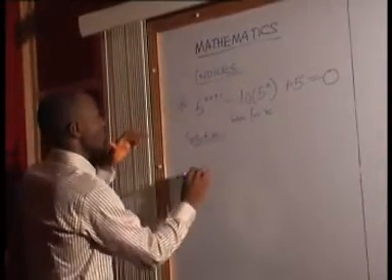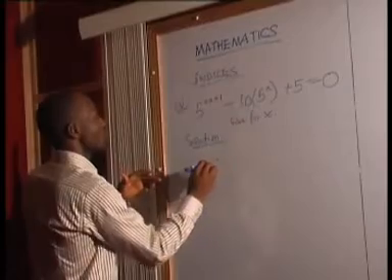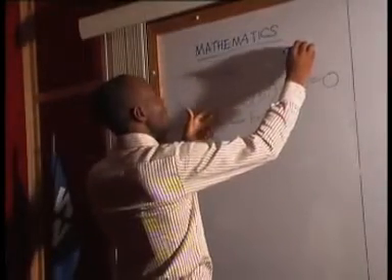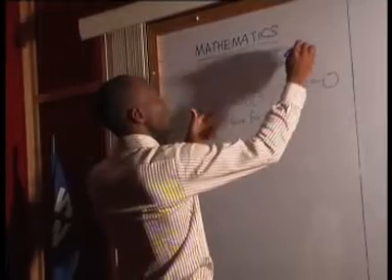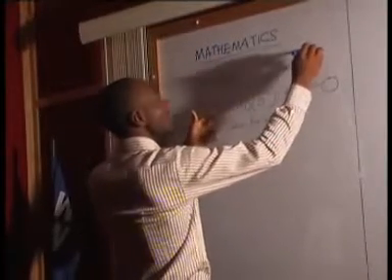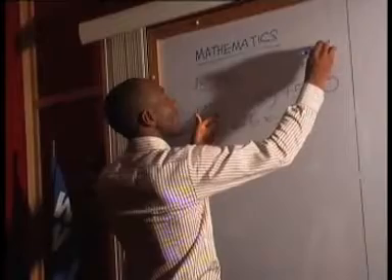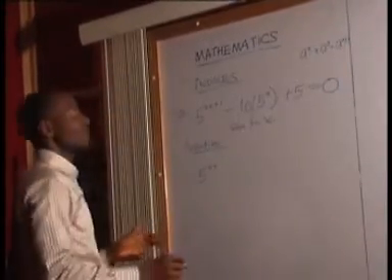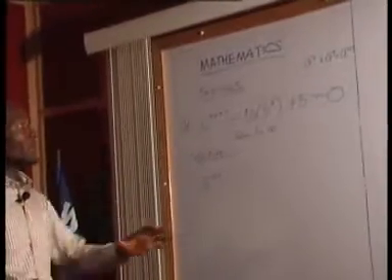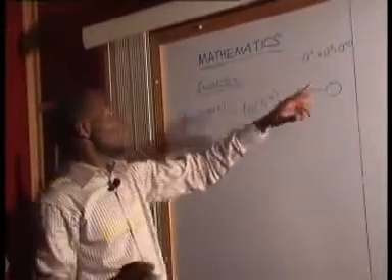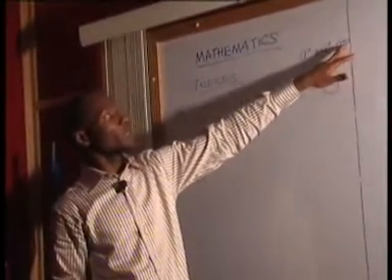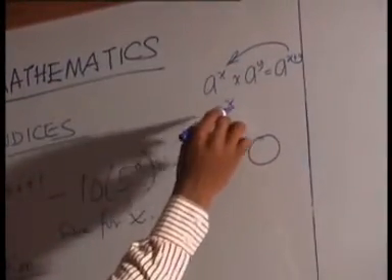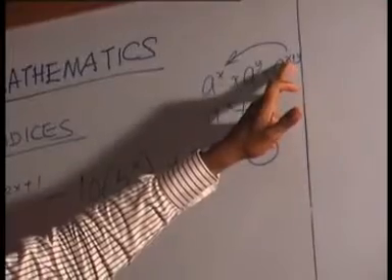This one is 5 raised to power 2x plus 1. But take note, if you have a raised to power x times a raised to power y, you're going to have a raised to power x plus y, as you already learned. That means if you have a raised to power x plus y, you can separate it into a raised to power x times a raised to power y.